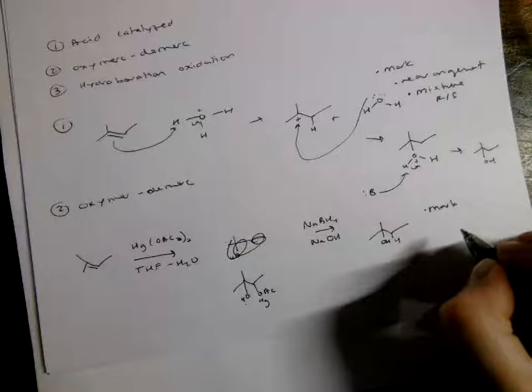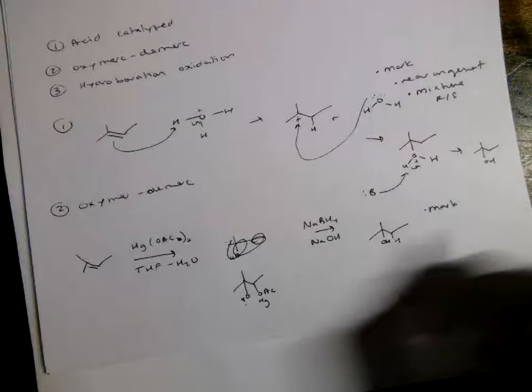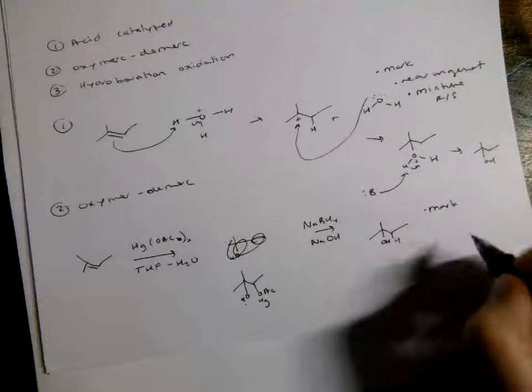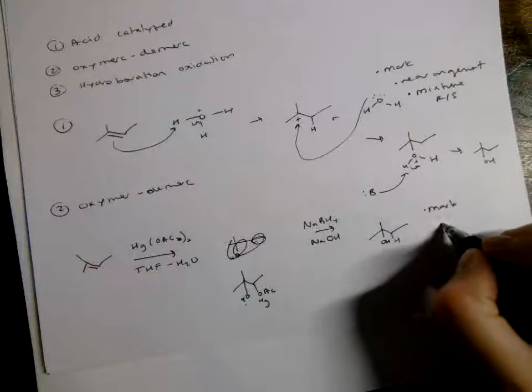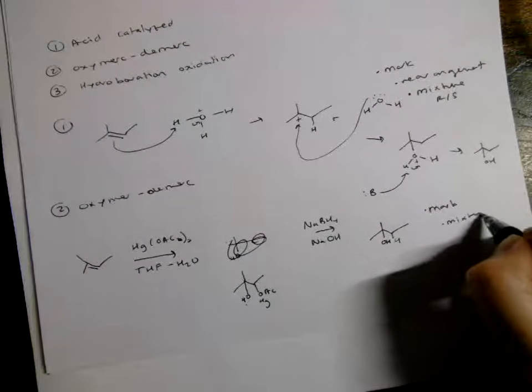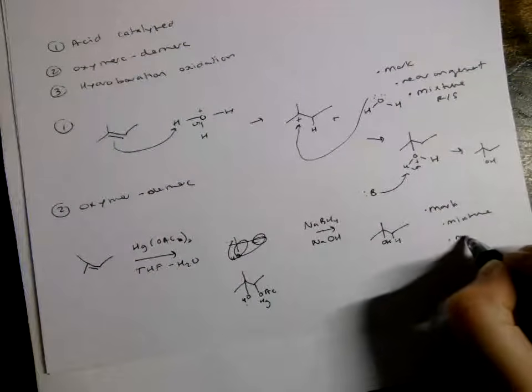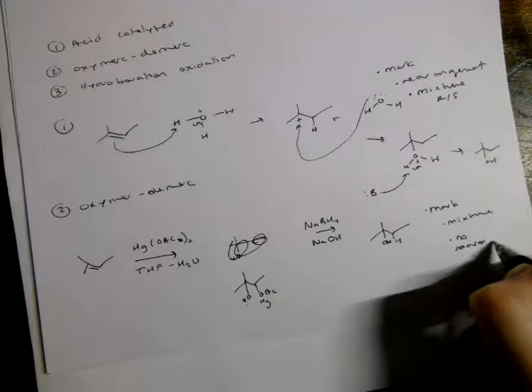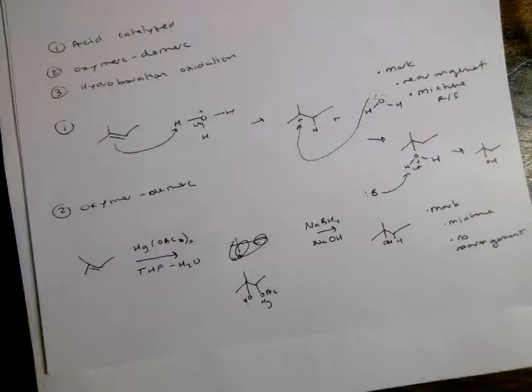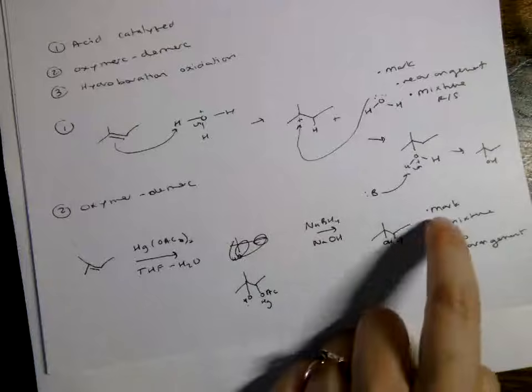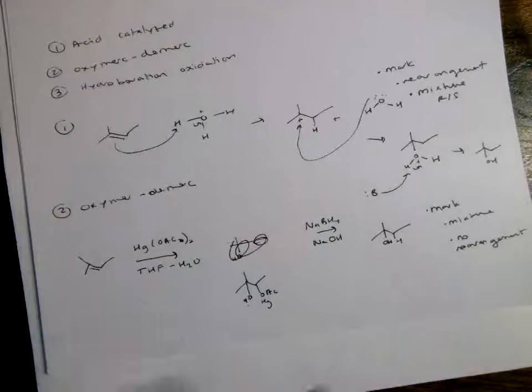I think it also gives you an uncontrollable stereochemistry. I think it can be a mixture as well. And then it has no rearrangement. So that's how these two are different. So if you have a molecule where a rearrangement is possible, but you want Markovnikov addition with no rearrangement, you'd use oxymercuration demercuration. And then last, you have hydroboration oxidation.